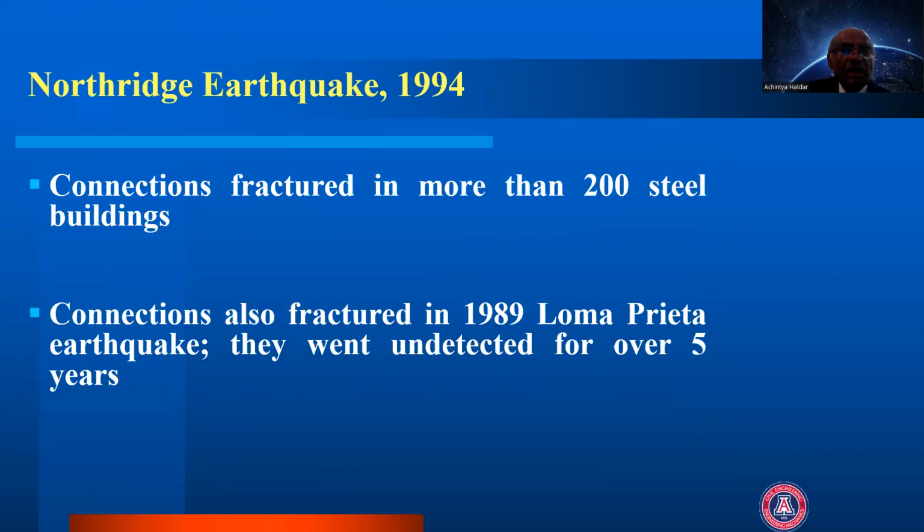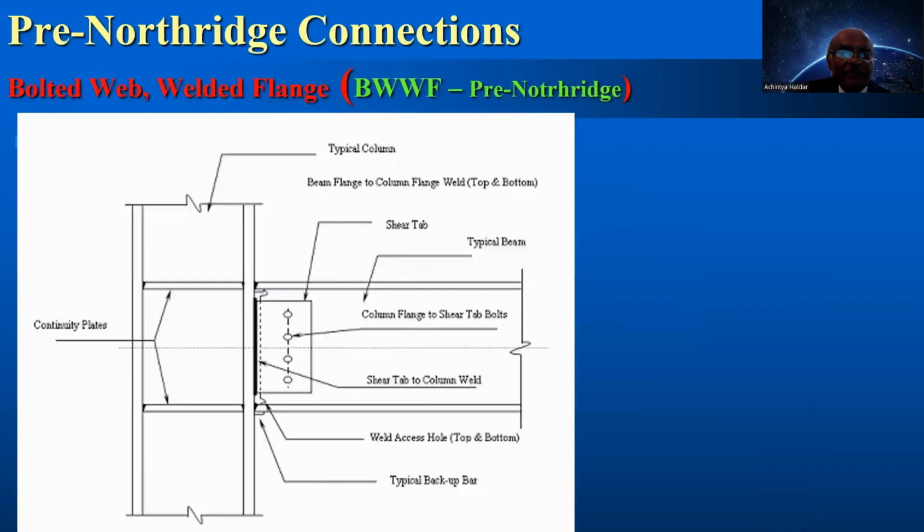Now, during the Northridge earthquake of 1994, connections fractured in more than 200 steel buildings. This is the typical pre-Northridge connection. I'm going to call it bolted welded flange.